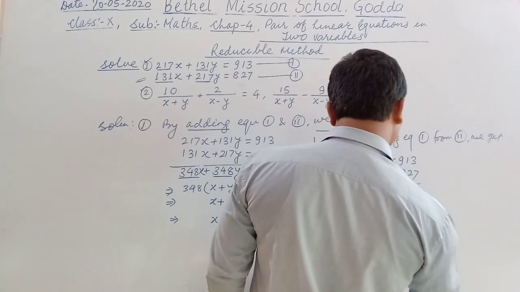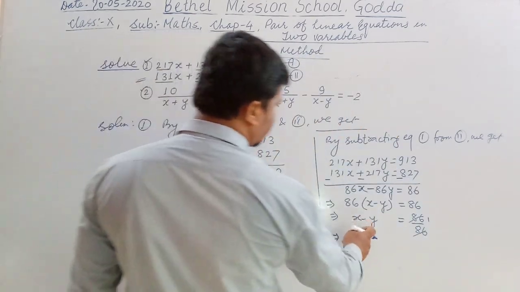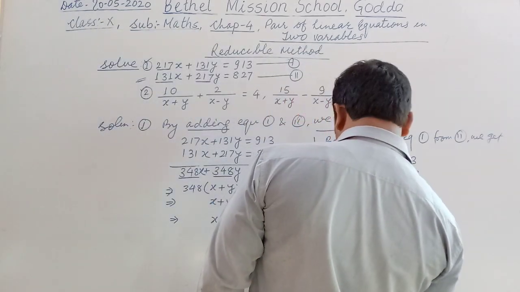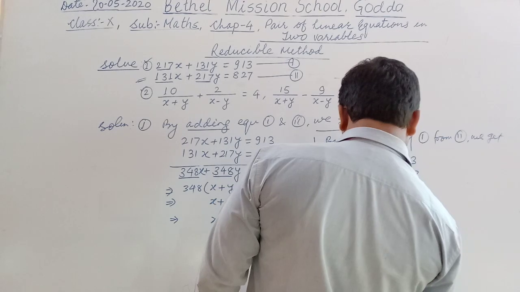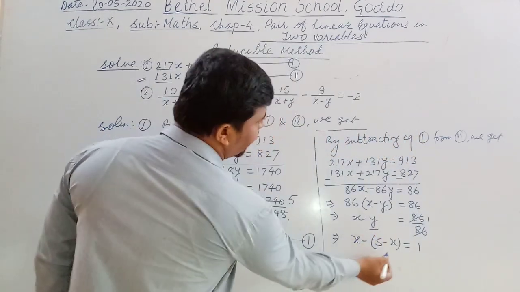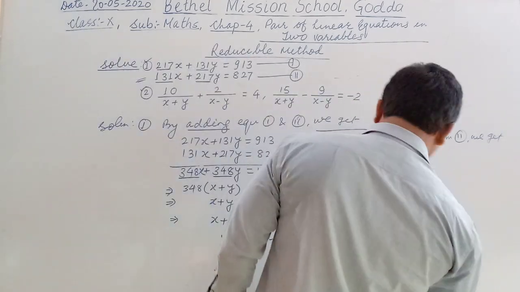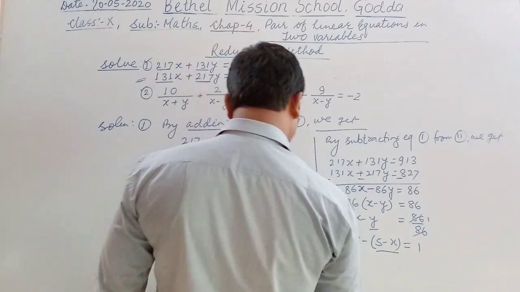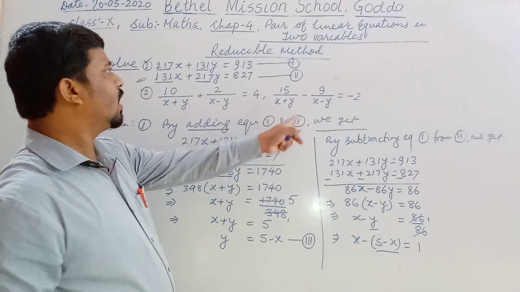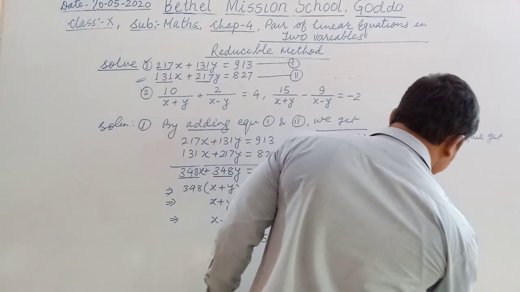Now we will put the value of y here. That is called the substitution method, so we are applying the substitution method here. x minus (5 minus x) equal to 1, because the value of y is 5 minus x from equation 3. This will be equation 4, because equations 1 and 2 we have already supposed.